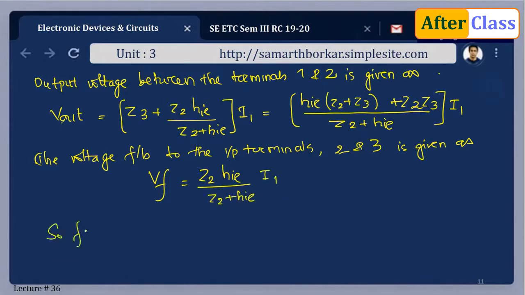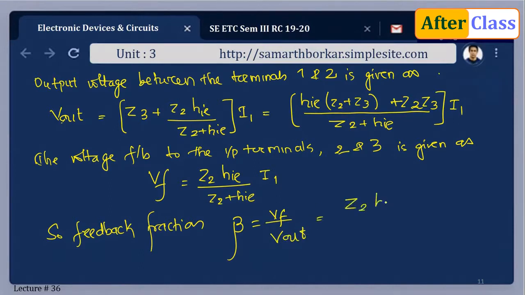So the feedback fraction, which is given as beta equals VF by V out, will be equal to Z2 into hIE divided by hIE into Z2 plus Z3 plus Z2 Z3.